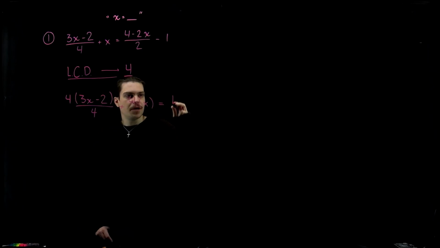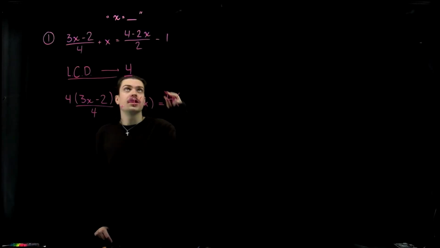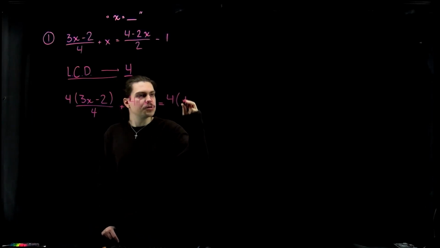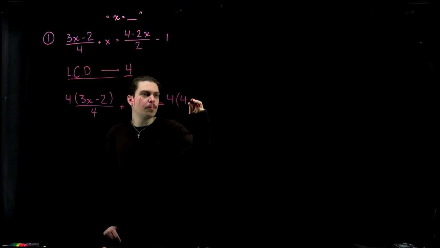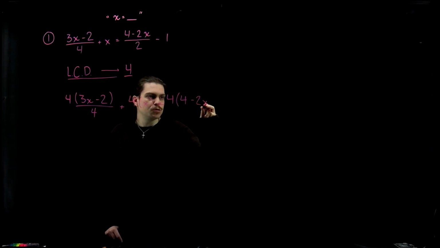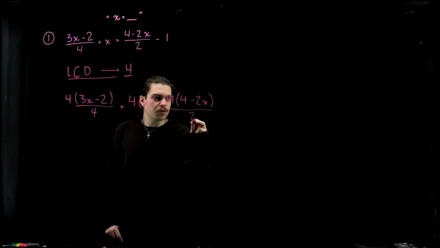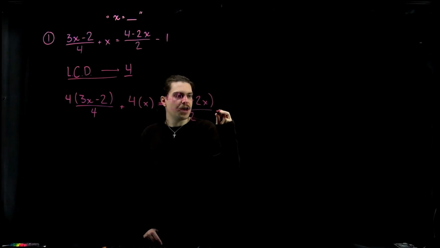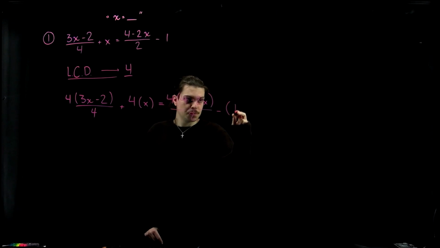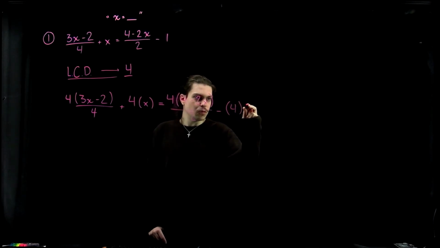Again, multiply by 4. Not forgetting to multiply our entire term here by 4: 4 times (2x minus 2)... 4 minus 2x, and this whole thing was over 2, and here we have our 1, which of course we're also multiplying by 4.